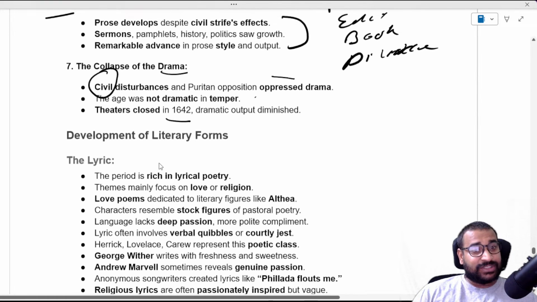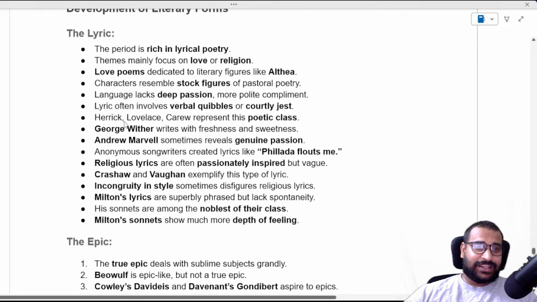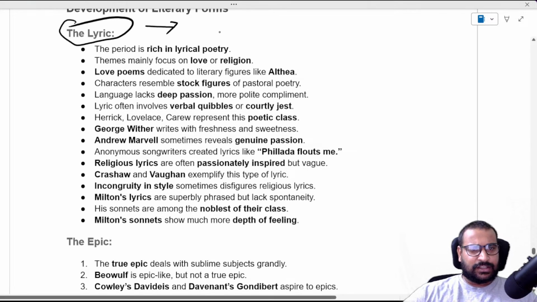Let me tell you about the literary forms before we jump into the life of our John Milton, our bard. First, the lyric. Most of these metaphysical poems were lyrical in format.